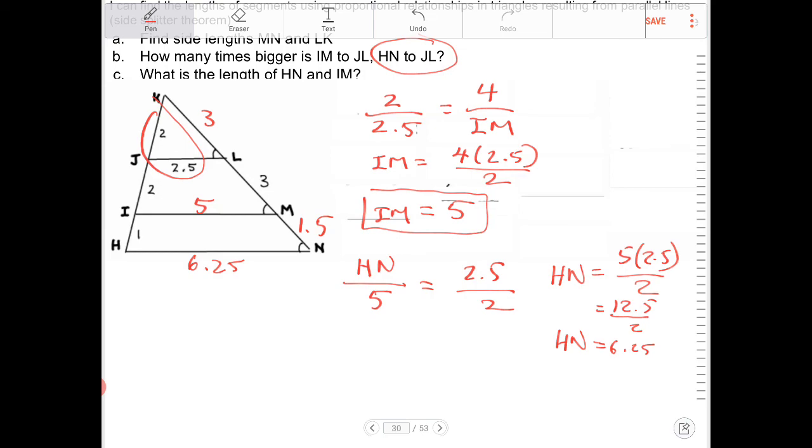All right, so now that I know this, we need to know what is the length of HN and IM. We figured all this stuff out already. So that's pretty much it.